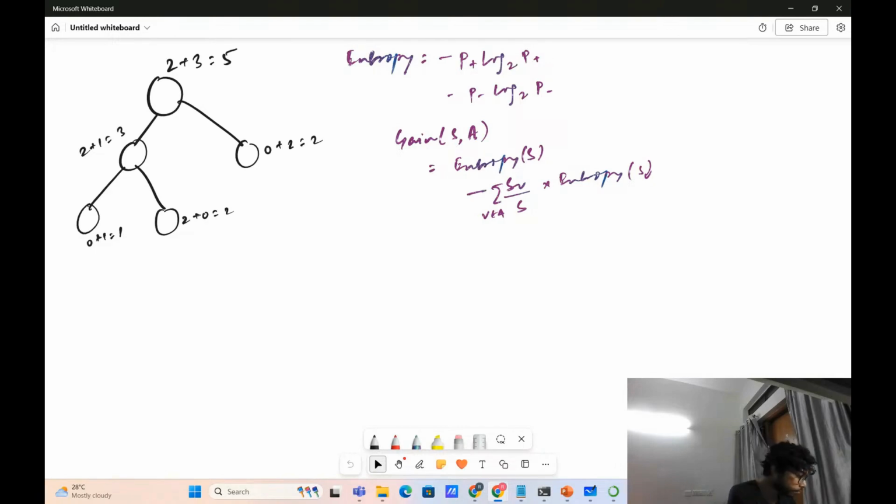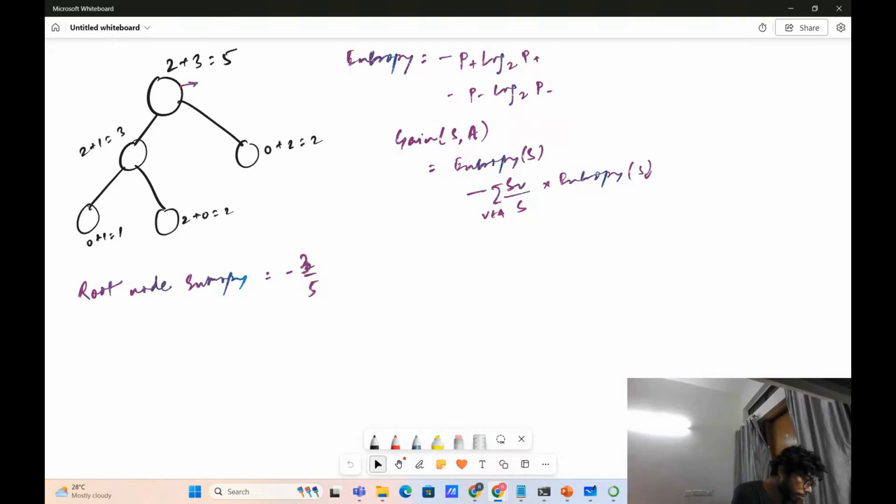Okay. So what is the entropy for this node? For the first node, the root node, let me write down here root node entropy equals, so P plus. What is P plus here? The positives are 3. So 3 by 5.